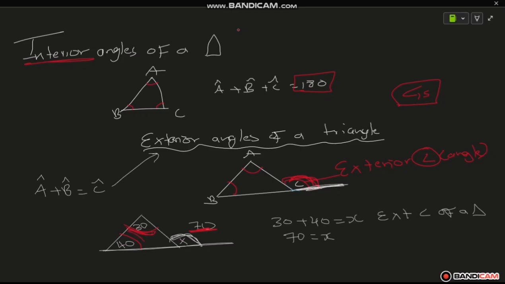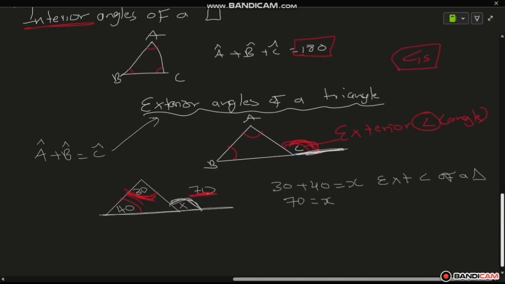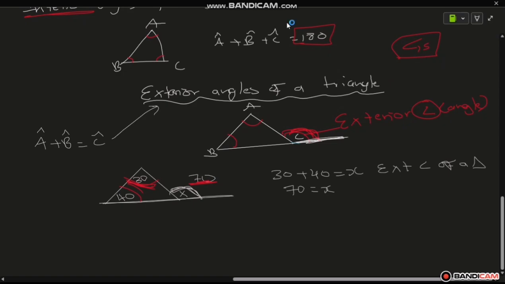Sometimes you'll be given an exterior angle and one angle inside the triangle, then they ask you to determine that angle. Let me actually show you what I'm talking about.